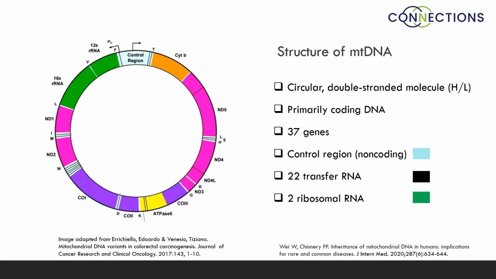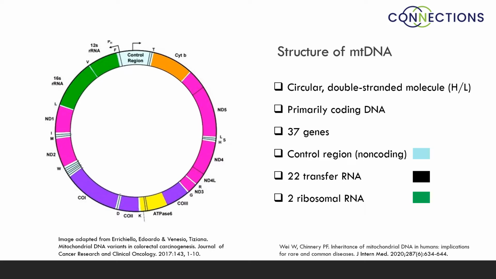The 13 protein-encoding genes encode roughly 100 mitochondrial proteins. Nonetheless, mitochondria require nearly 1,000 different proteins to perform all their complex functions. Therefore, it is necessary for the remaining 900 proteins to be encoded by the nuclear genome.